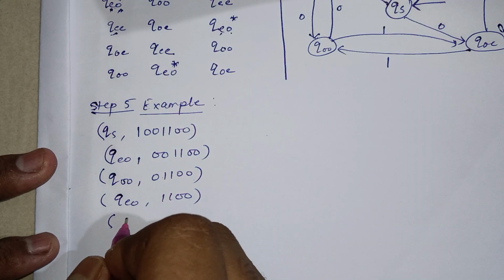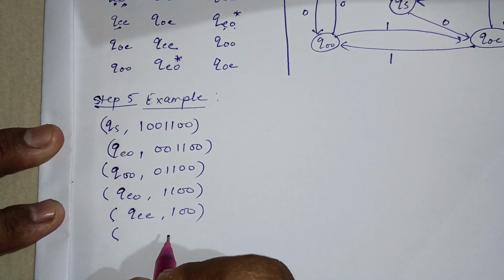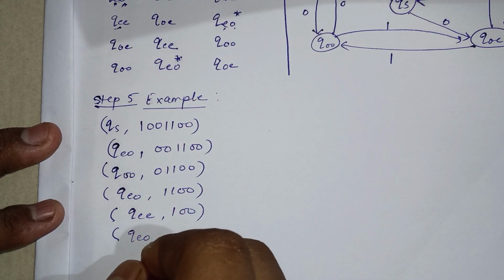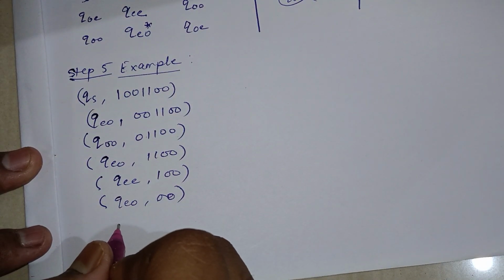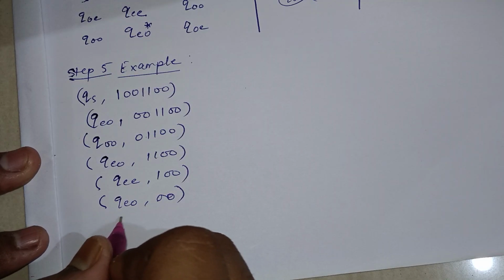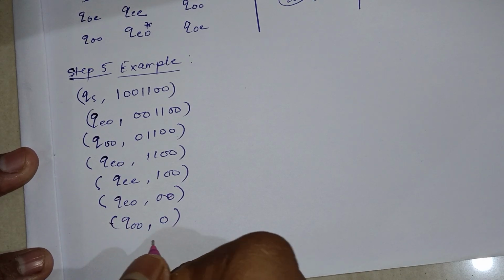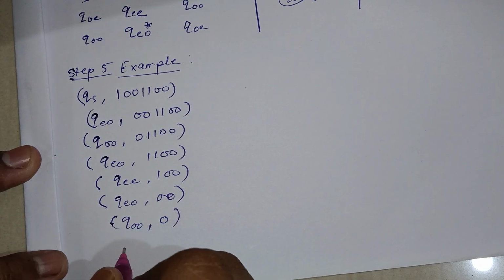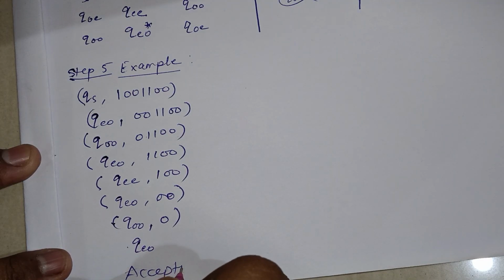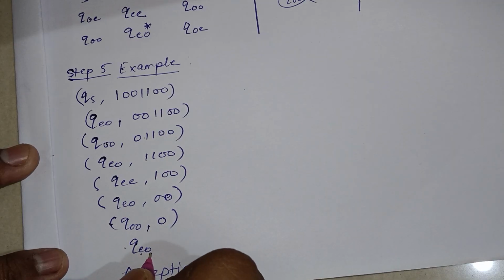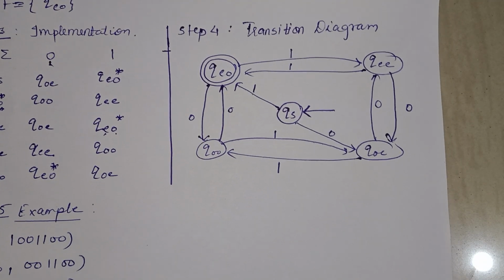When QEO receives 1, it goes to QEE 100. When QEE receives 1, it goes to QEO 00. When QEO receives 0, it goes to QOO 0. When QOO receives 0, it goes to QEO. Therefore, it is accepting. Actually, this is EO, even and odd, and this is our final state. That's why we are accepting this.